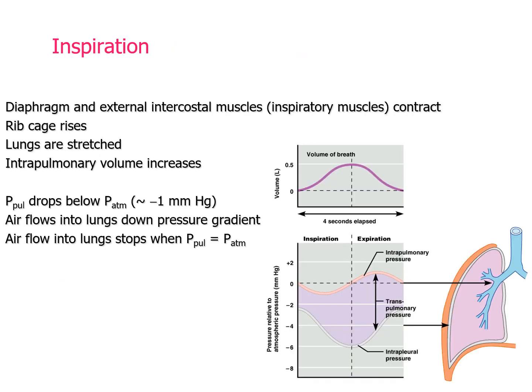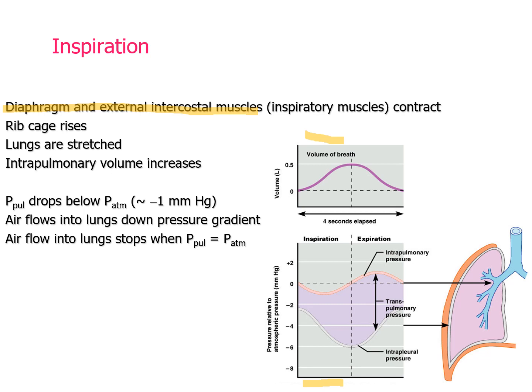Now this slide shows the events associated with inspiration again, and that's what's happening on the left side in these two graphs. The diaphragm and the external intercostal muscles contract, the ribcage rises, the diaphragm drops, and the lungs get stretched out in volume.